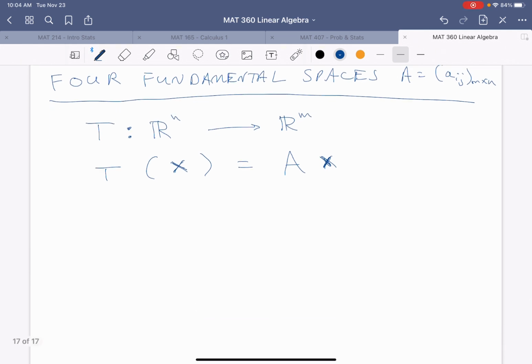Okay, so our x's come from Rn, and our inputs, if you want to think of it that way, and the outputs are in Rm.